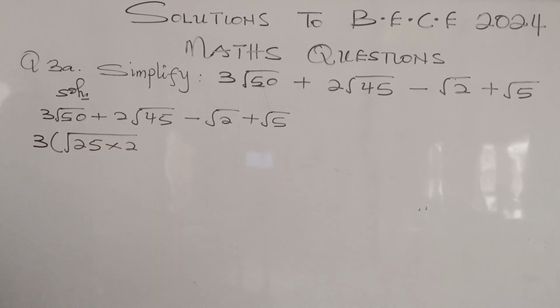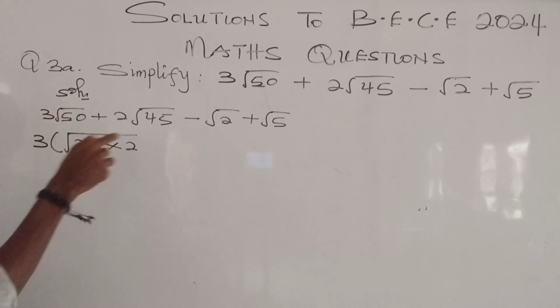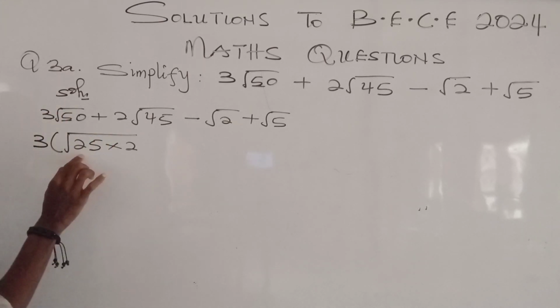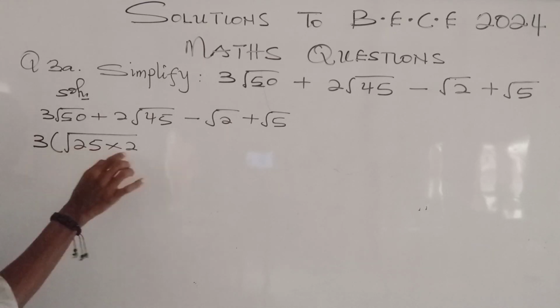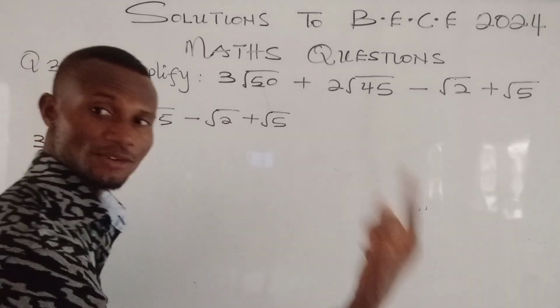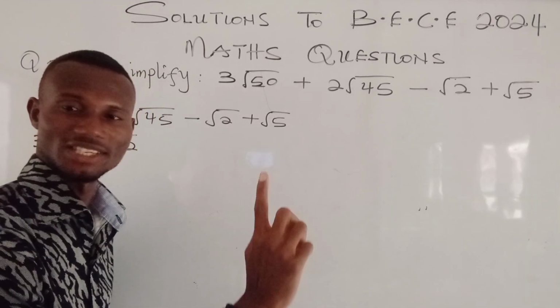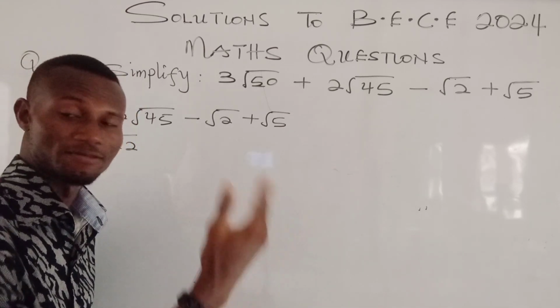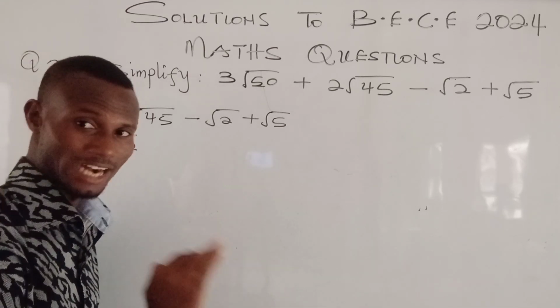So you just repeat your square root sign, and the 50 we replace with 25 times 2, because 25 times 2 gives 50. The 25 is a perfect square, that's why we are using 25 times 2. I hope you understand up to this point.